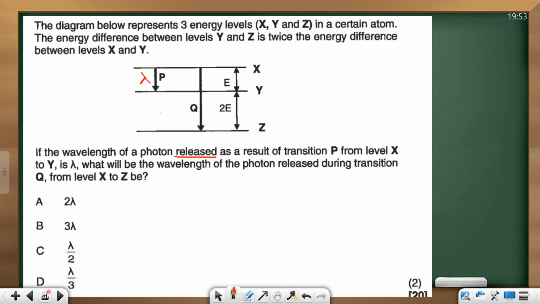B. A, B, C, D. B. What's your answer? B. Okay. Guys at home, quickly. What's your response?